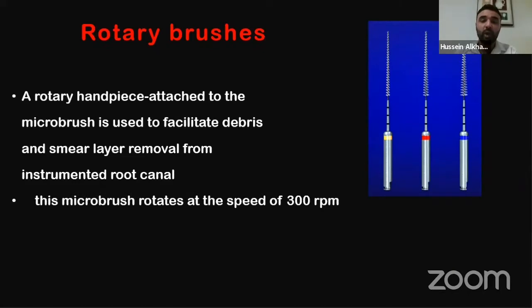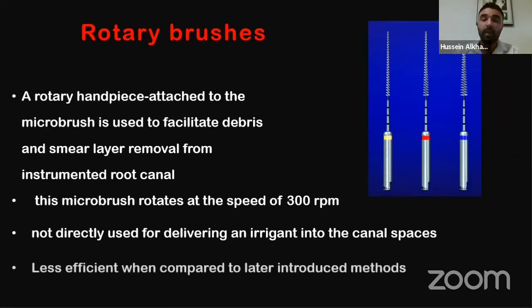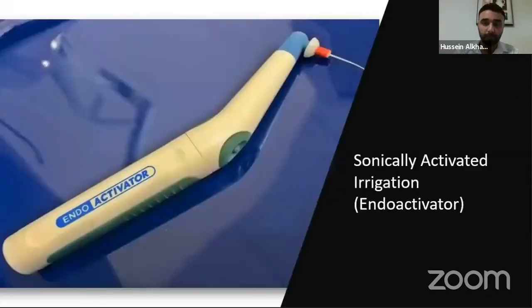This microbrush operates at a speed of 300 revolutions per minute, and it is not directly intended to deliver irrigation solution into the canal space. Its efficacy seems to be less when compared to recently advanced irrigation mechanisms.